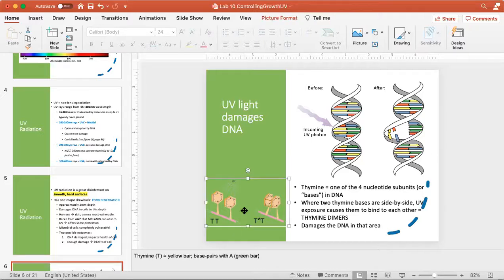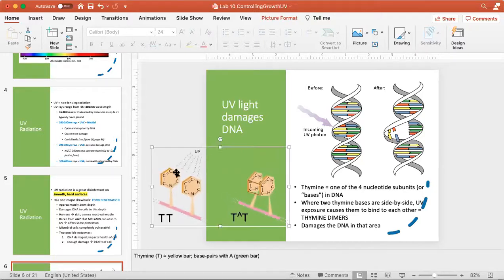Take a look at this little drawing down here. This pink line right here represents the backbone of one strand of DNA. And you can see there are 2 bases jutting off of that DNA. These are both thymines, hence the TT.